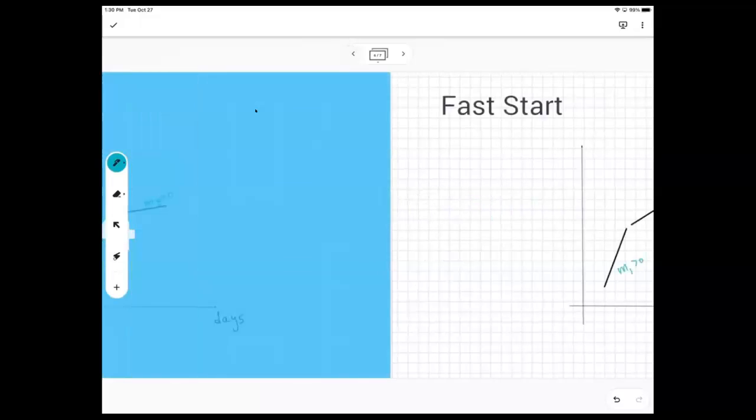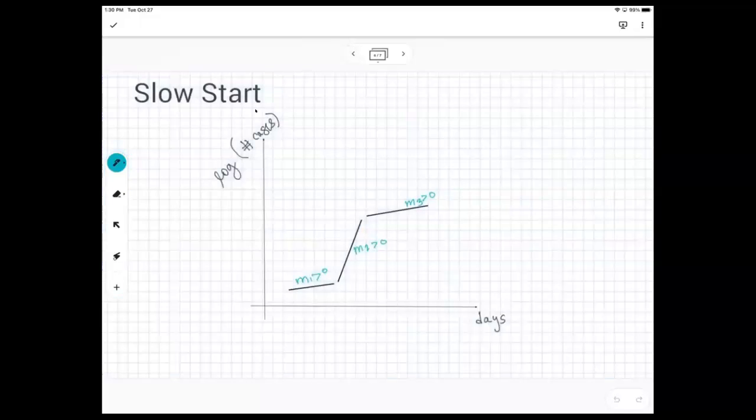In the previous case, the first line has a slope value that I would consider a slow beginning or initial phase, because this initial slope, even though it's positive, is smaller than the other two slopes, M2 and M3.